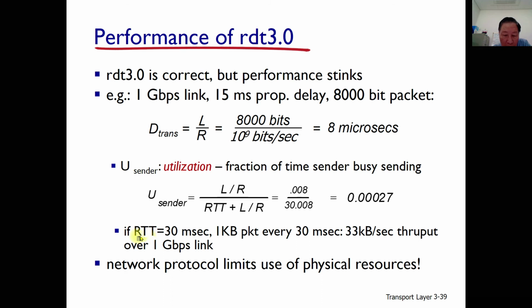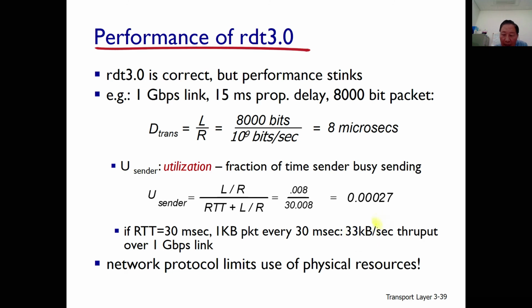And here, if we are assuming the real value of 30 millisecond for this round trip time, and 1 kbyte packet, that means an 8,000 bit packet every 30 millisecond. If we are dividing this, that is 8,000 bit per every 30 millisecond, then that is 33 kbyte per second.